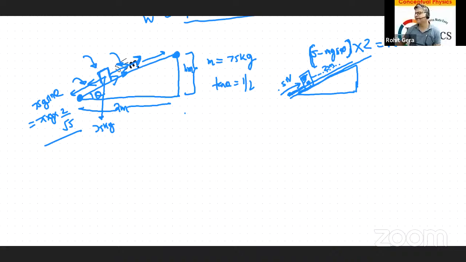We will come back to the inclined plane later, but let us do some very simple questions to start with.